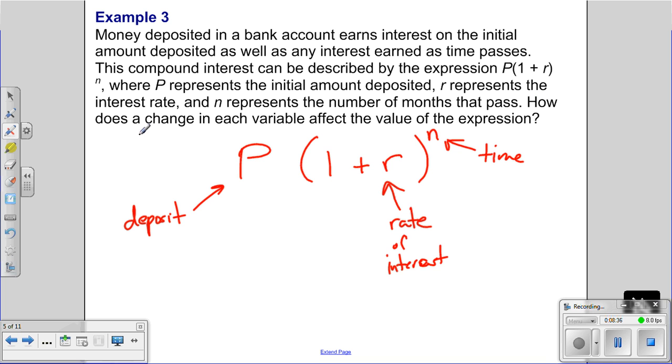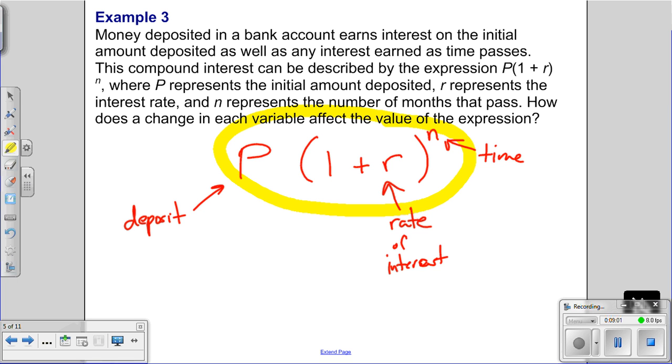How does the change in each variable affect the value of the expression? And we're looking at where P represents initial deposit, R represents interest rate, and N represents the number of years. So the things we want to look at is, let's first identify the pieces. We have one term. Notice the whole thing's a term. Now, a lot of people say, well, there's plus and minus signs, but that plus is inside parentheses, so the whole thing is one term.